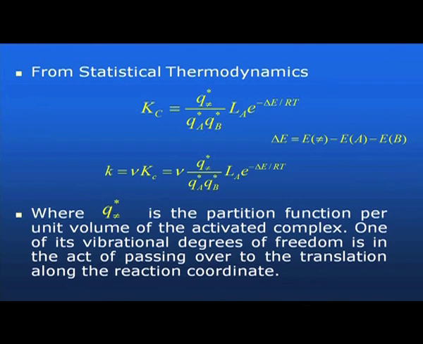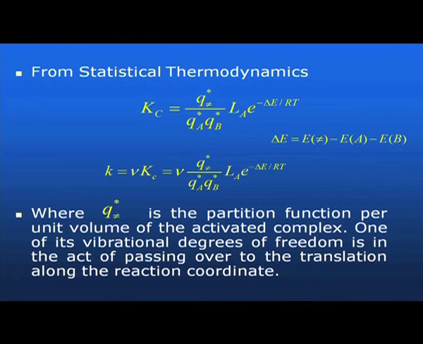That vibrational degree of freedom is supposed to be a loose vibration, and it will be converted to a translational motion. Unless it is converted to a translational motion, it cannot in principle pass the barrier.